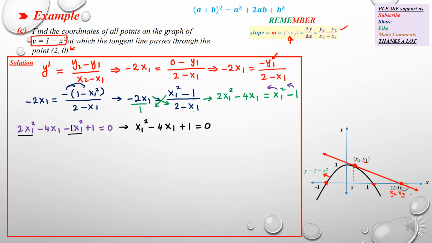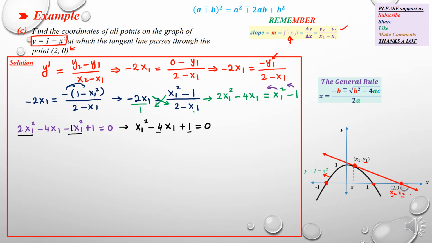And as you know, the famous method is to find two numbers, multiply of them equals 1, and sum of them equals -4. And there are no such two numbers. So you have to use the general rule to solve this quadratic equation, which is x equals -b plus minus square root of b squared minus 4ac divided by 2a.